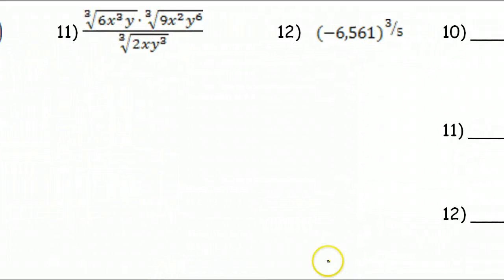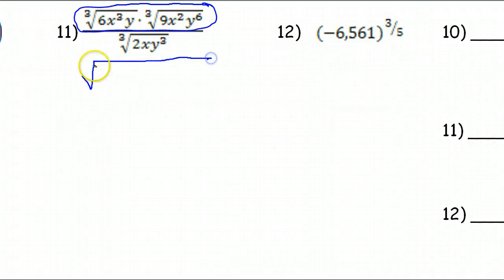Alright, how about number 11? If I were you, I would collect the numerator into one radical first. They're both cube roots, so I can go ahead and multiply the stuff on the inside and make one big radical. That's what I would do. So I'll have the cube root. 6 times 9 is 54.